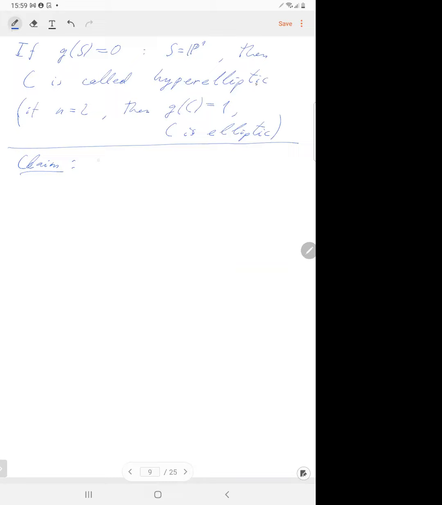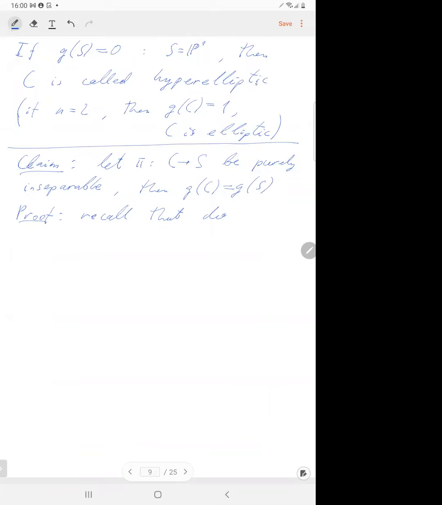Okay, and now let's study inseparable morphisms. So suppose phi is purely inseparable. Then the genus of the covering curve is just the genus of the base curve, and the proof is immediate. Just recall that we classified all the purely inseparable morphisms. They were just Frobenius morphisms.